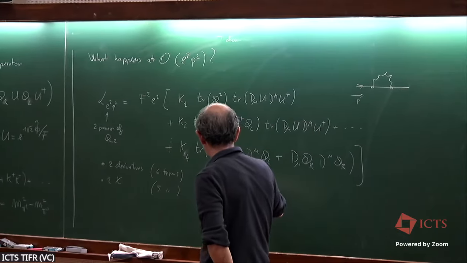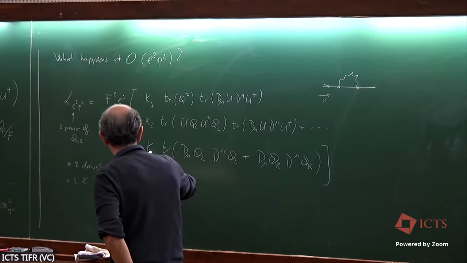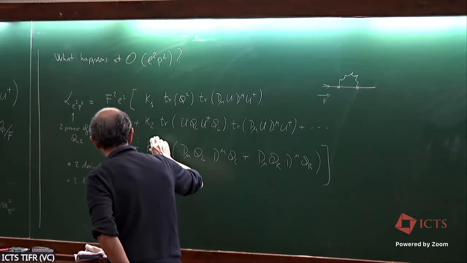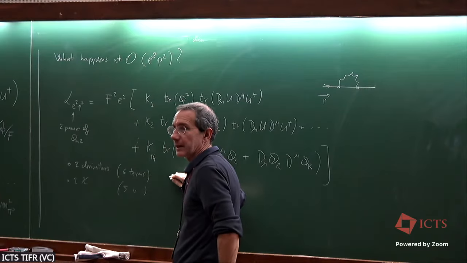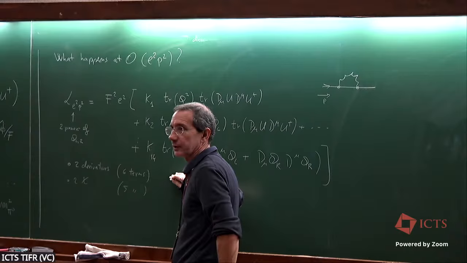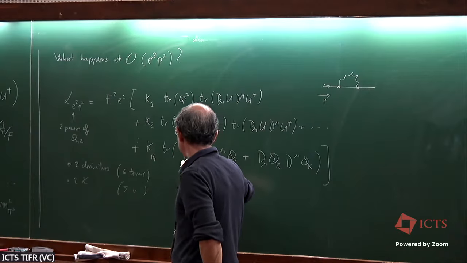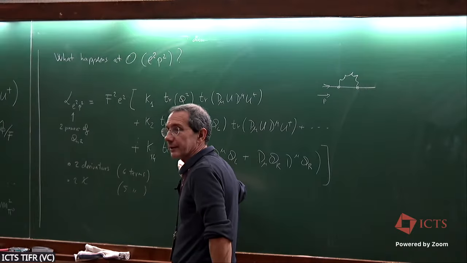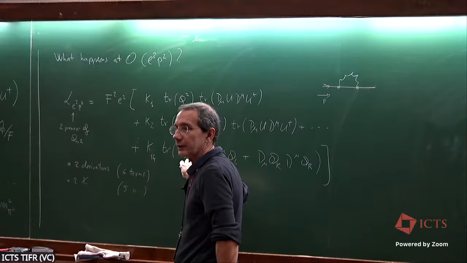Again, I think this doesn't contribute to any physical diagram with physical pion and photon. But you see here there is the covariant derivative, so I think you have to keep it there to normalize things which involve only external photons.